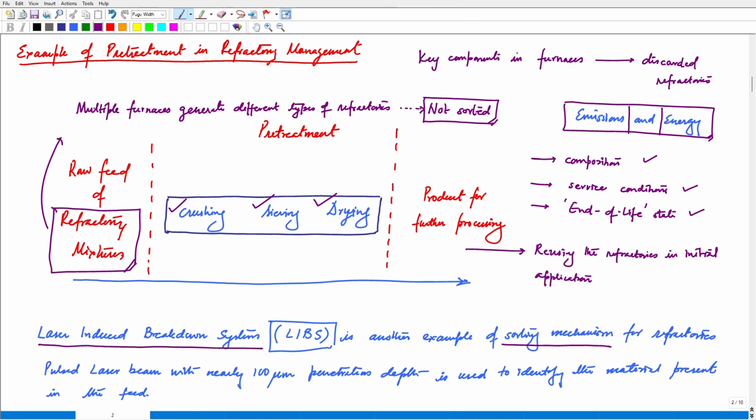In this case, we are using a laser-induced breakdown system, which means some part of the laser is going to penetrate into the refractories, and it helps in identifying the material present in it. For a typical LIBS system, we can have a rough penetration of around 100 micrometer. That helps in identifying the material that is present in the feed.